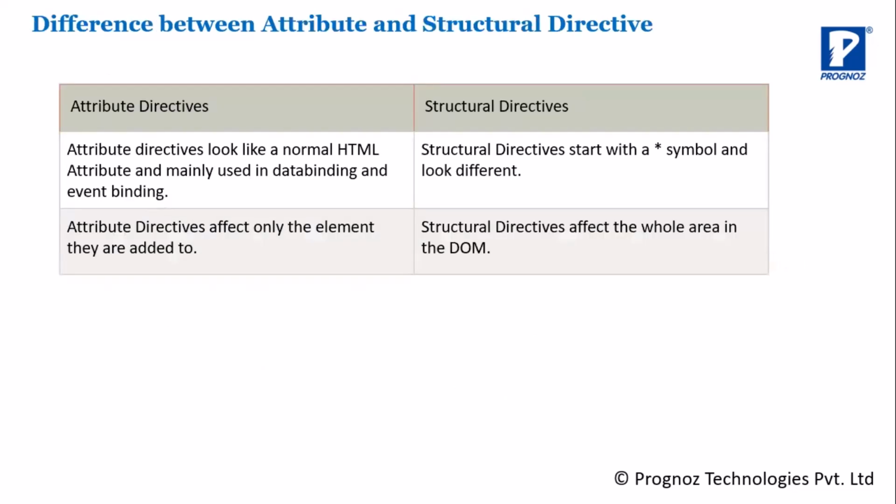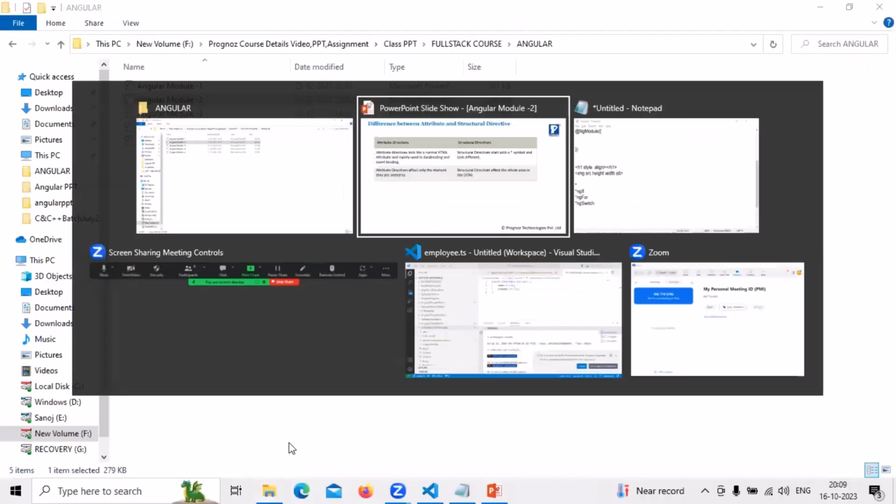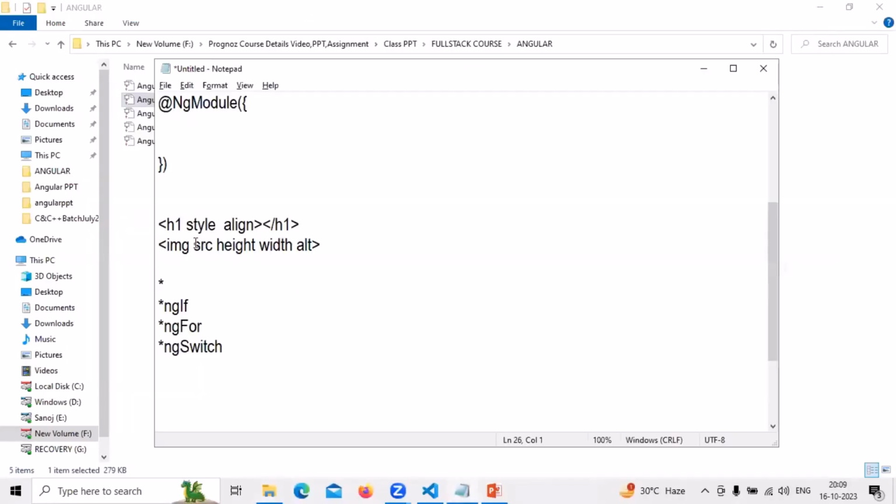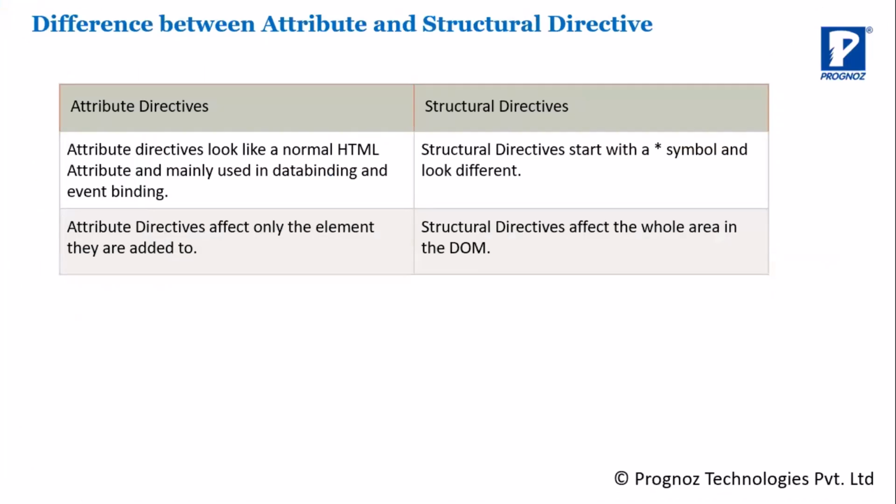What is the difference between the attribute directive and structural directive? Attribute directive looks like a normal HTML attribute. जैसे हम लोग HTML फाइल के अंदर लिखते हैं different types of attribute: src, height, weight, alt. The attribute directive is the same as a normal HTML attribute, and it is mainly used for data binding and event binding. If you want to bind the data with the particular element, then we have to use the attribute directive.